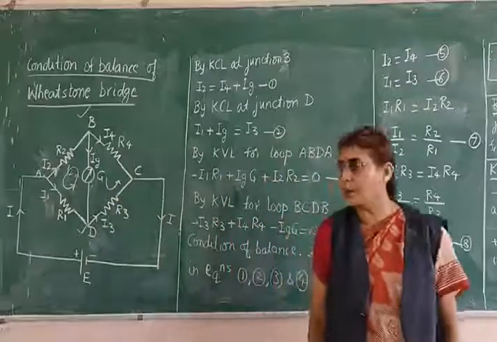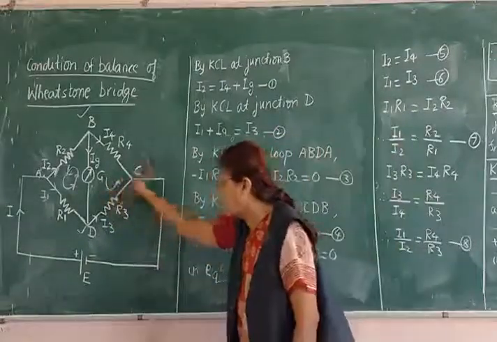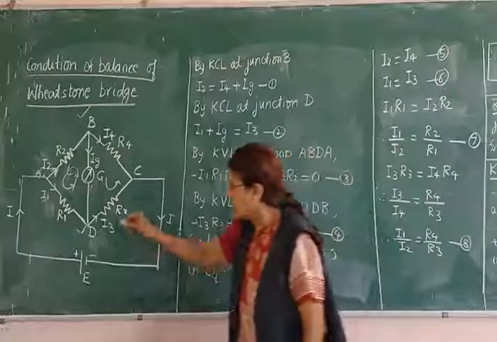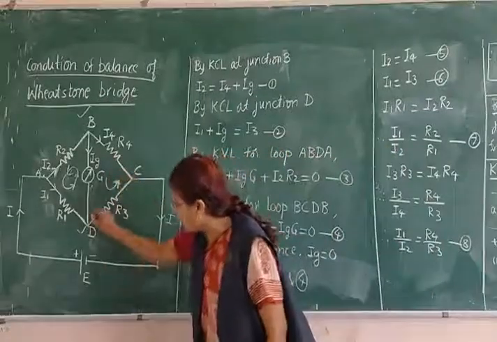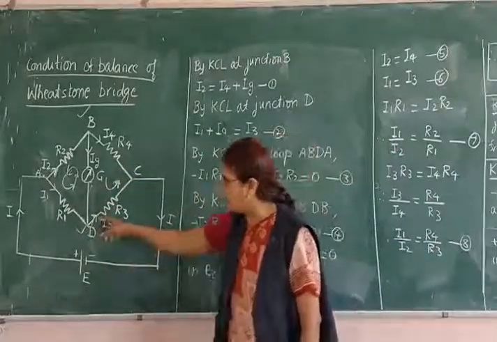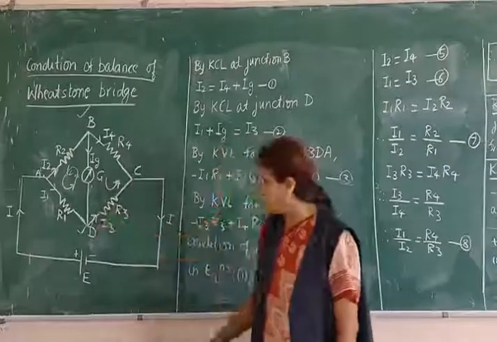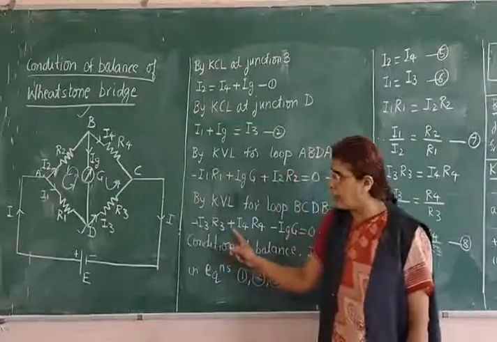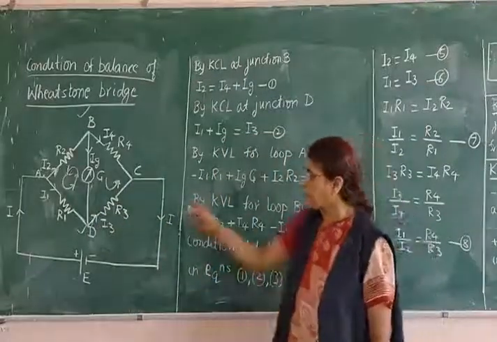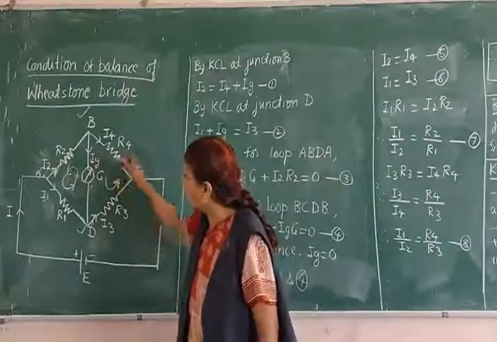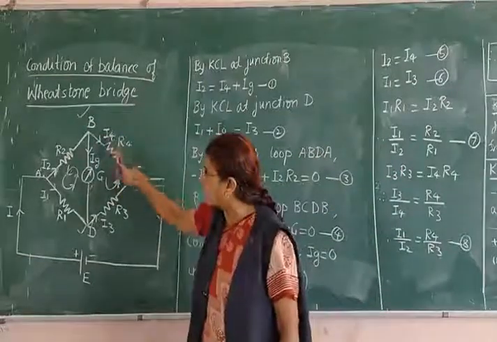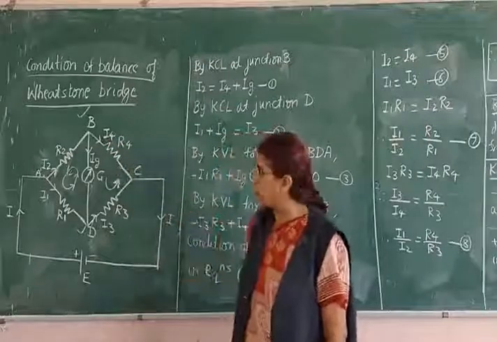Now let us go to the products. I am going in this direction now. Current is also flowing in the same direction. When they are in the same direction, it is minus. So it becomes minus I3 R3 first. Then we come across here. I am going in this direction. Current is in the opposite direction. So opposite direction means it becomes plus.